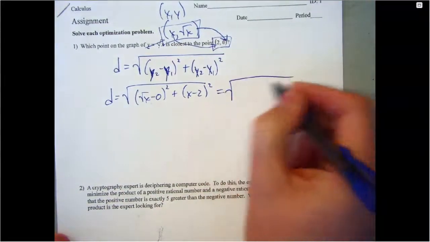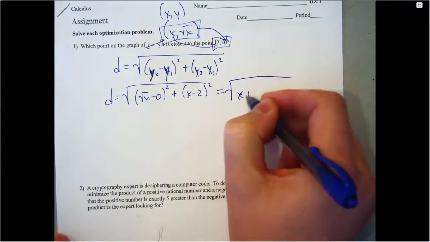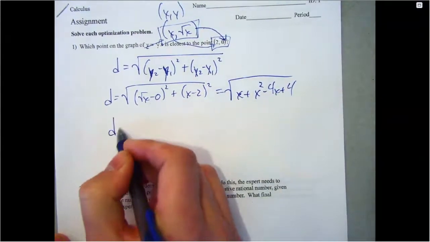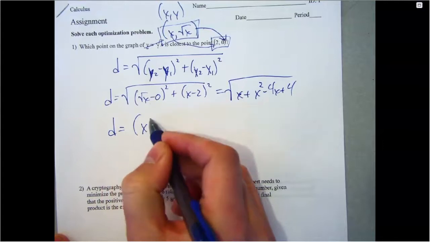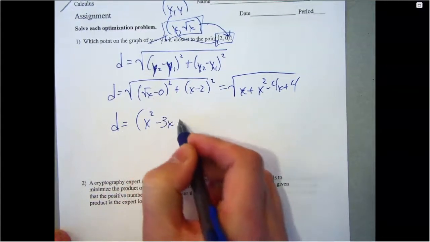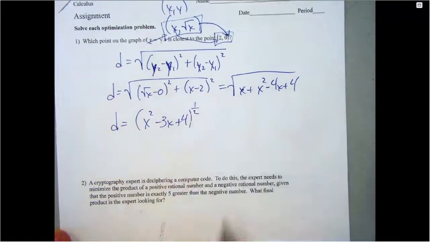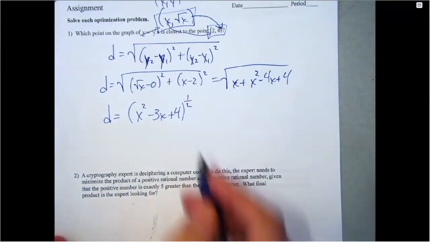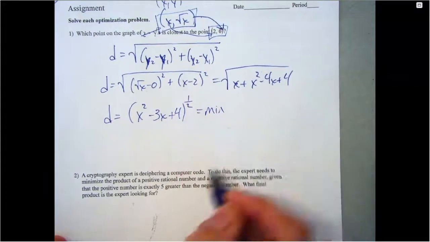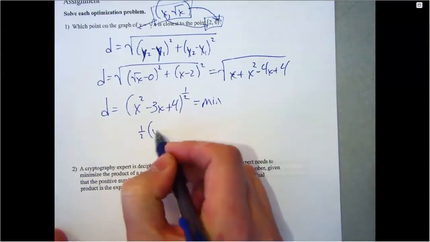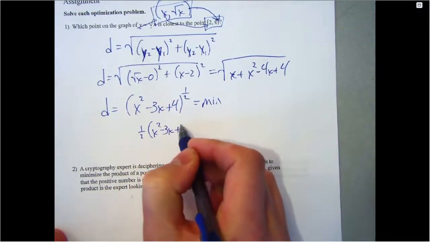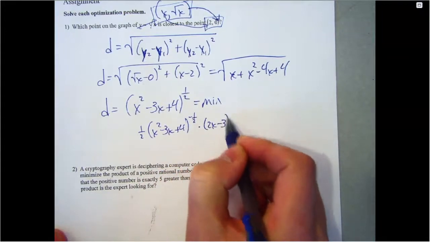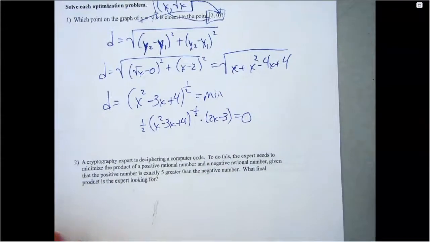So then that is x plus x squared minus 4x plus 4, which is x squared minus 3x plus 4, to the 1/2 power. With me? So that's equal to the minimum, and then take your derivative. So 1/2 times x squared minus 3x plus 4 to the negative 1/2, and the chain rule piece of 2x minus 3 equals 0.